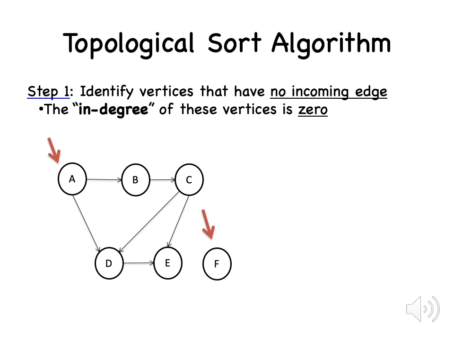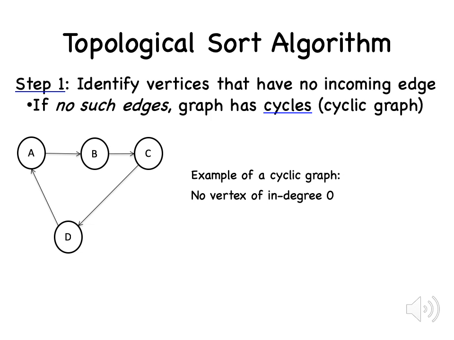In this example, A is a vertex whose in degree is 0, and F is also a vertex whose in degree is 0. If no such vertices exist, that means the graph has a cycle. If it has a cycle, then topological sort is not possible.